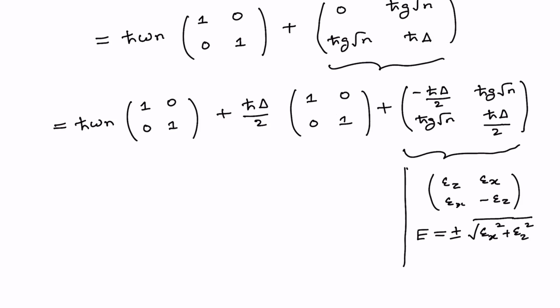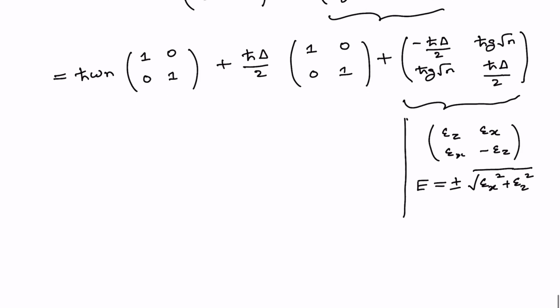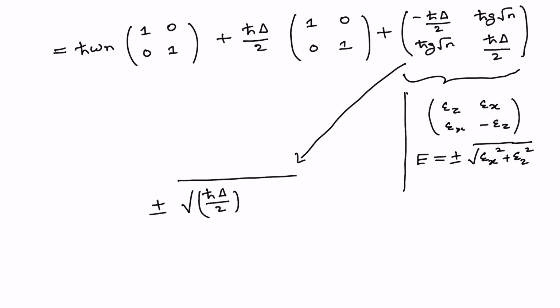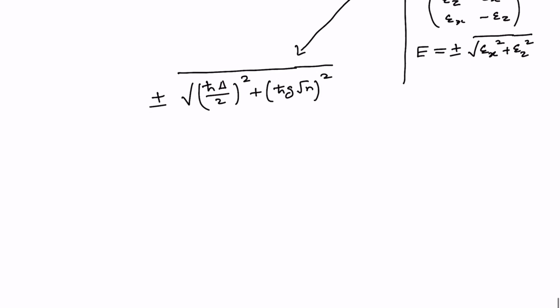This feature I can now exploit, and write down the eigenvalues for this part of the Hamiltonian, which is plus minus square root of (h bar delta by 2) whole square plus (h bar g square root of n) whole square. So I can now immediately write down the energy eigenvalue of this Jaynes-Cummings Hamiltonian.